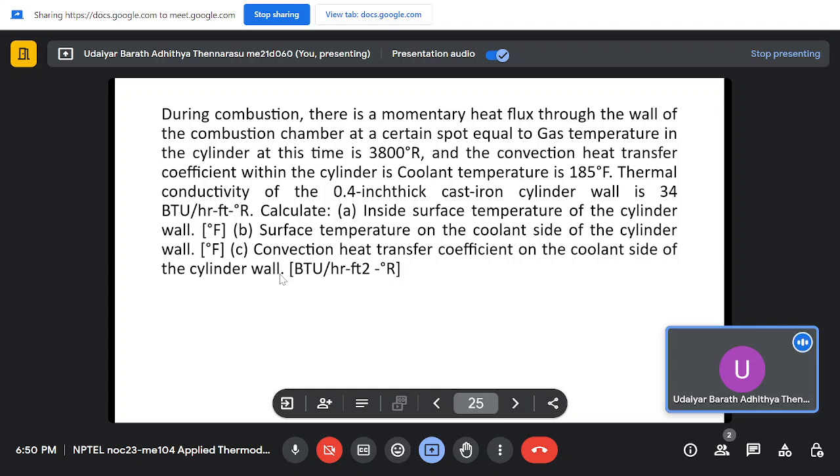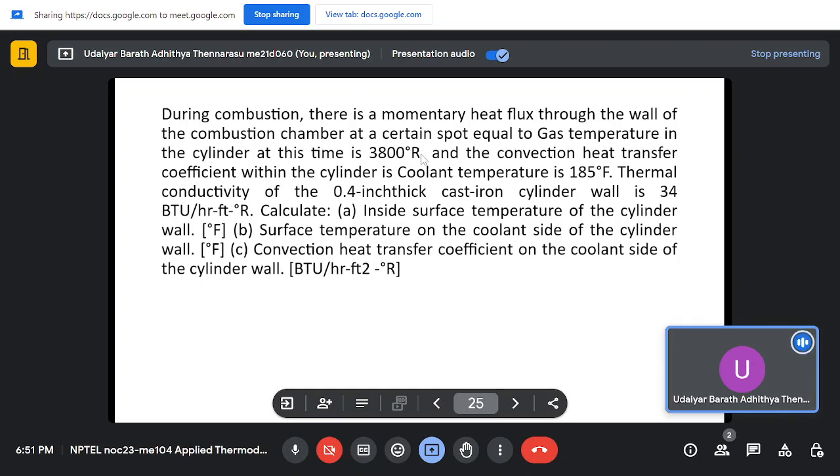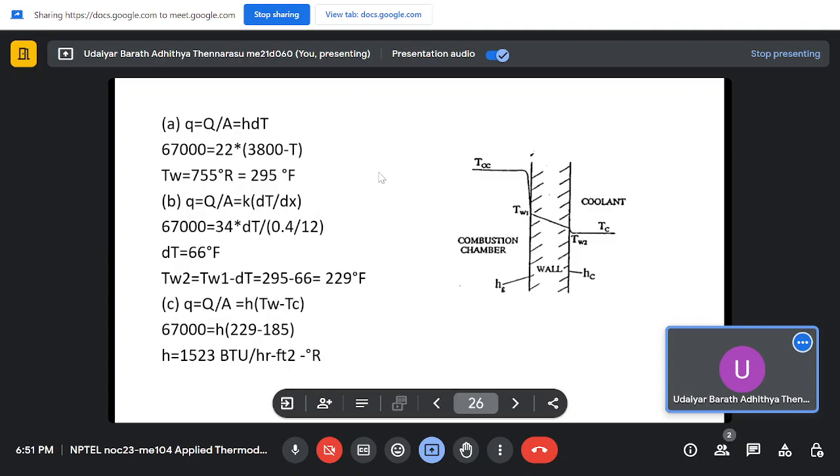So these are the three things we have to find. The convective heat transfer coefficient within the cylinder is 22 BTU per hour feet square degree Rankine.